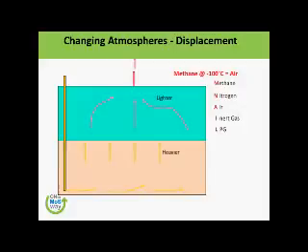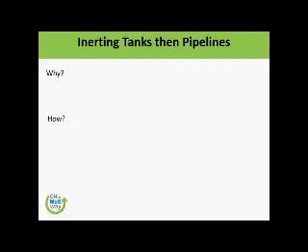We will very slowly put inert gas in, and slowly the inert gas will push out the air. There is no need for throwing the inert gas in at high speed or making it turbulent. We will slowly and gradually increase it. After inerting tanks, we need to inert the pipelines.